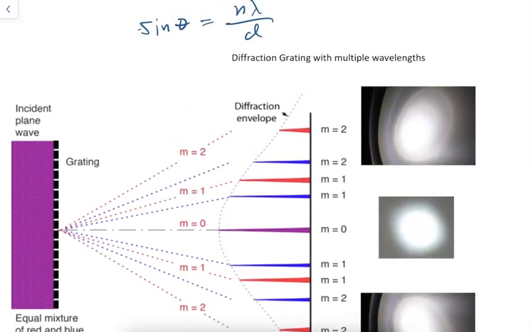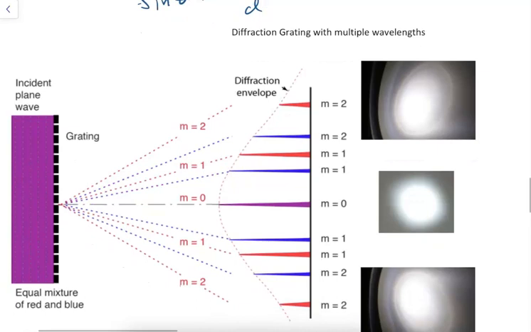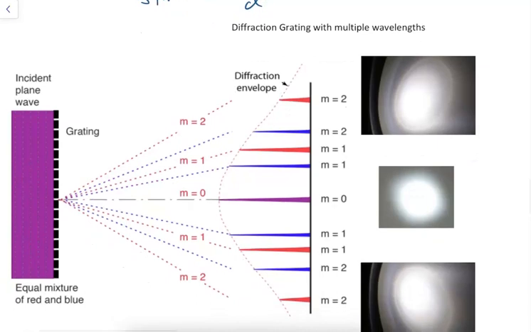As lambda increases, our theta also increases. So you can see the blue and red being separated by the diffraction grating. We need to find points on the screen to observe where there is red light, where there is blue light, and where there is a specific wavelength. This helps us separate light into different bands or lines on the screen.